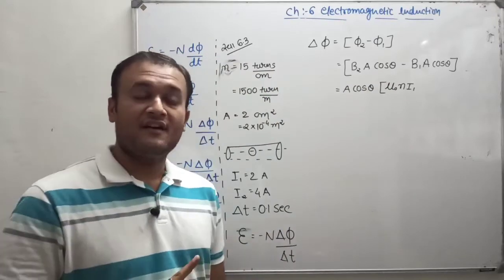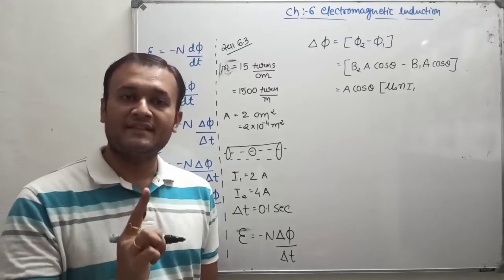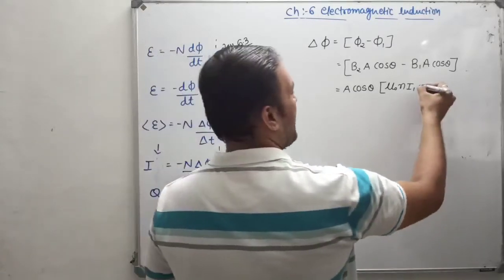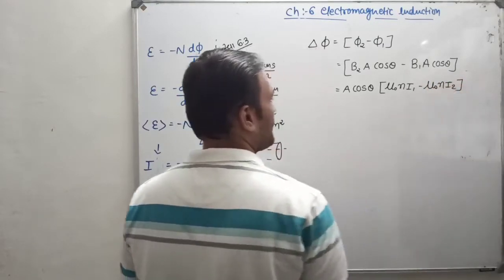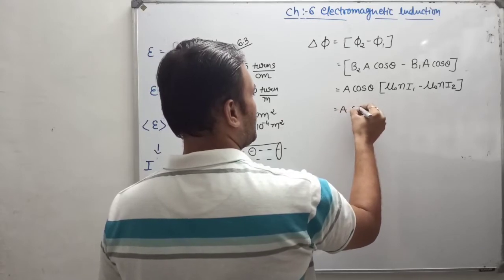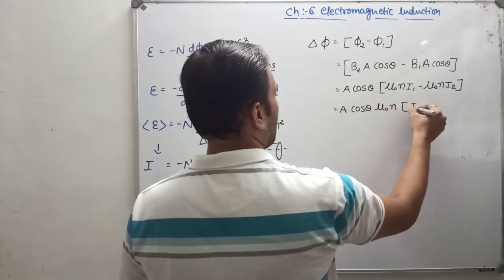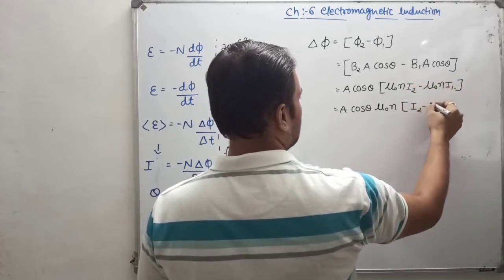The magnetic flux inside the solenoid, the equation is mu 0 n I, that we studied in chapter number 4, minus mu 0 n I1. Okay, so A cos theta, mu 0 n common, and here I2 minus I1.